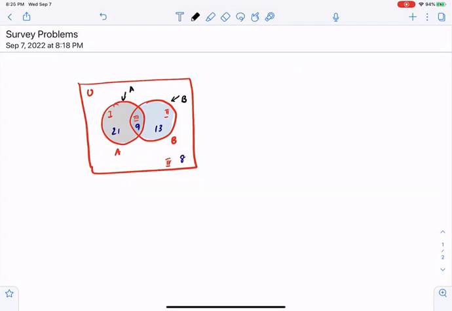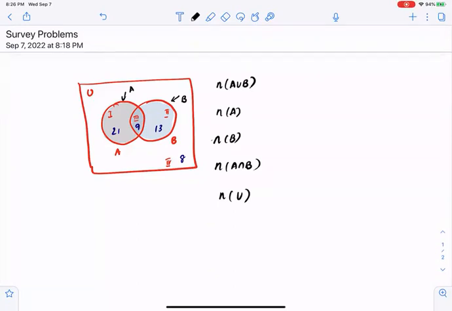So I have N of A union B. I can find N of A. I can find N of B. I can find N of A intersect B. I can find N of U, the entire universal set.